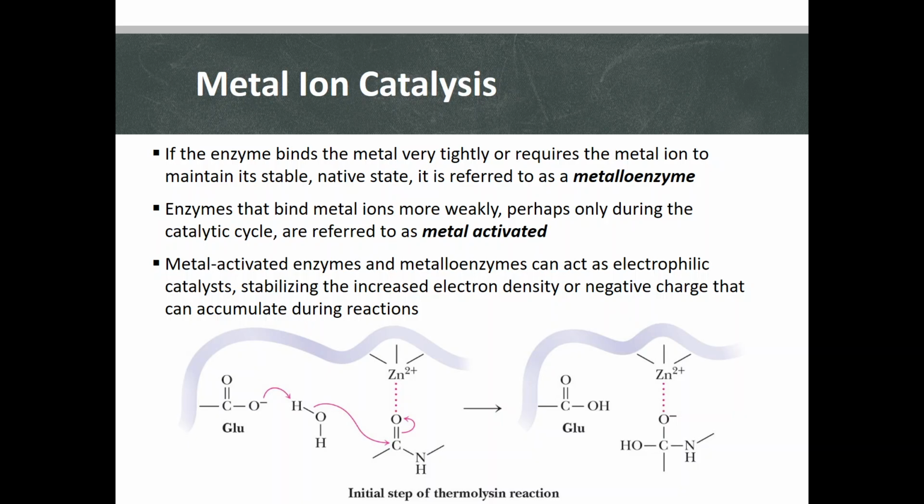So in order to stabilize it, the zinc ion interacts with that negative charge. This is an example of metal ion shielding. It helps to stabilize or shield that accumulated negative charge, which, because it is not stable, is relatively high energy. By interacting in this way, stabilizing the transition state, we are lowering the activation energy barrier through transition state stabilization.